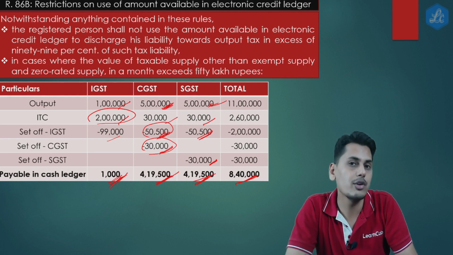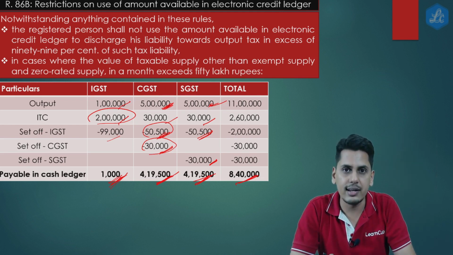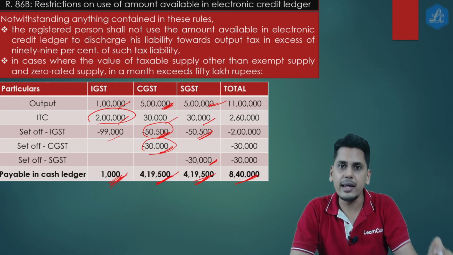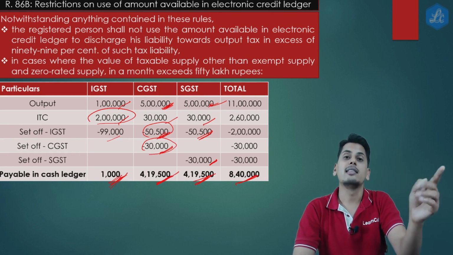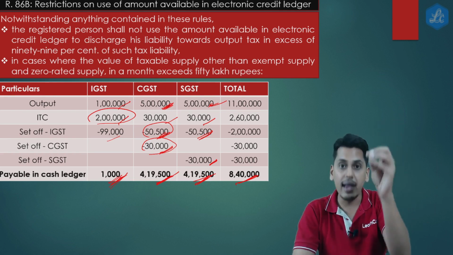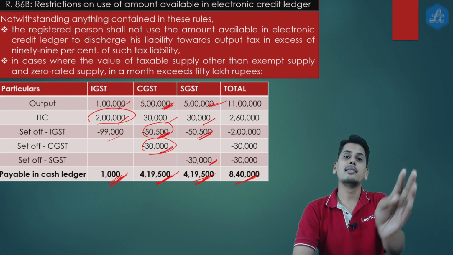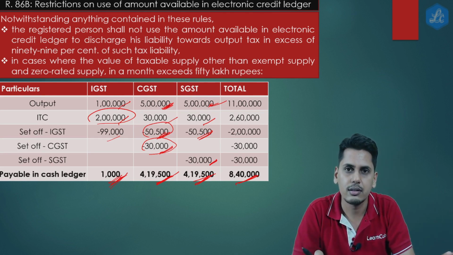Are you following the argument placed by the officer? The sequence of utilization of credit is, pick up IGST, empty IGST first. While emptying IGST, first use it fully against IGST. Then whatever balance remains after offsetting IGST liability, you can use it against CGST, SGST in any ratio, any proportion.